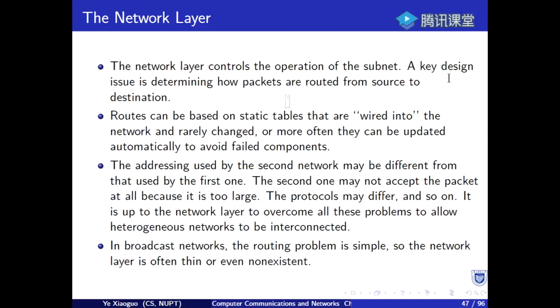In the router, there is a routing table, which can be static, dynamic or adaptive. If it is based on static tables that are wired into the network and rarely changed, then a static routing table can be adopted.